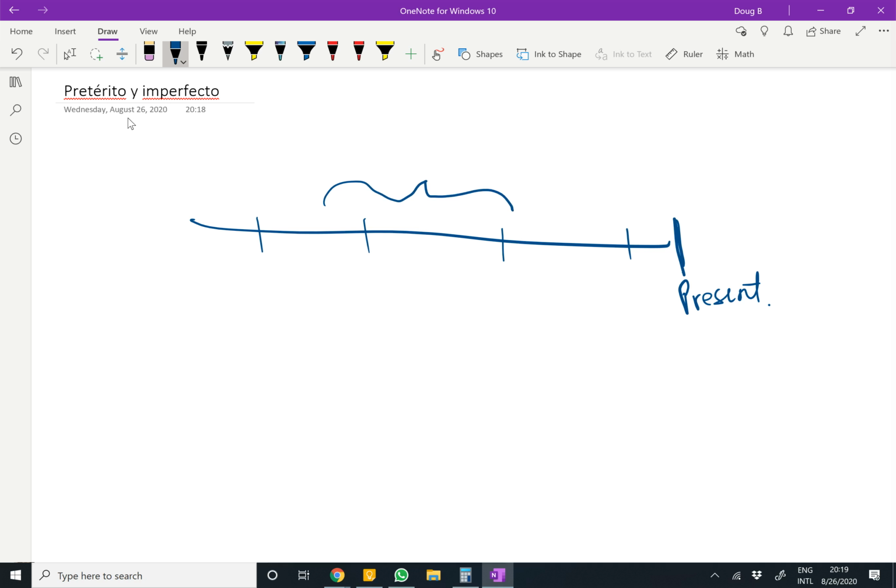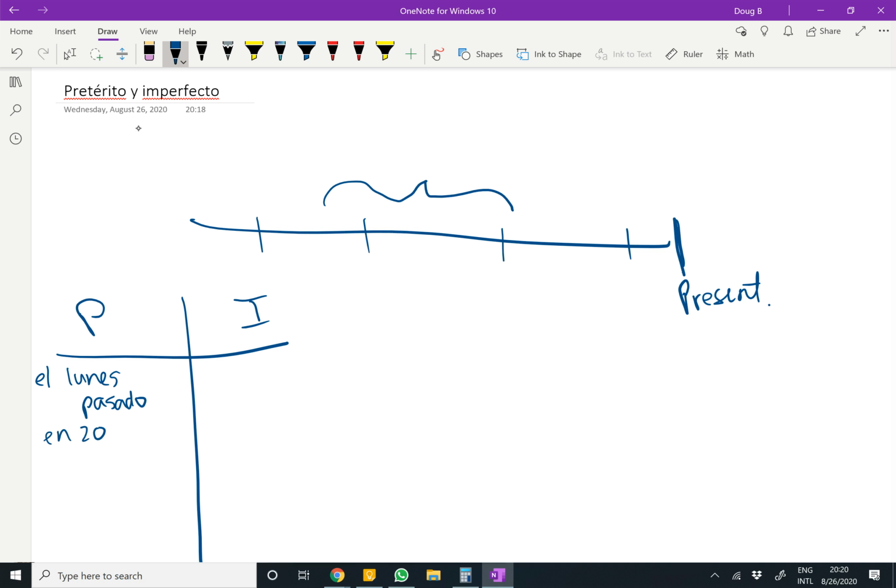Okay, so some other examples here with the imperfecto. So pretérito, imperfecto. Sometimes you're just looking for keywords. So pretérito, for example, would be el lunes pasado. Last Monday.